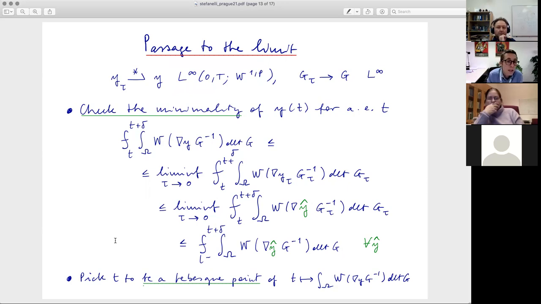The deformation is minimal for almost all t, and the way you prove this is you pass to the limit, to a lower limit on the energy, up to some time integration.